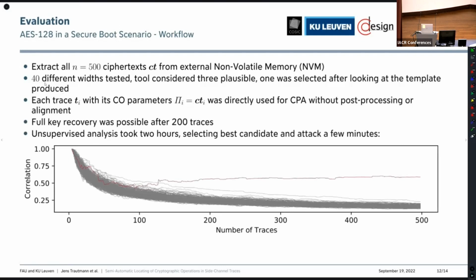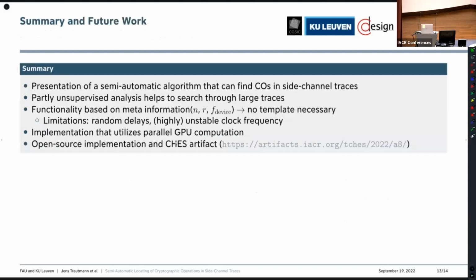The unsupervised analysis that we tested here, the 40 different widths, took 2 hours, and selecting the best candidate and doing the attack actually only took a few minutes. This here is the part that an analyst has to do, and the other part can be done unsupervised. So we cut down the part of the analyst quite heavily.